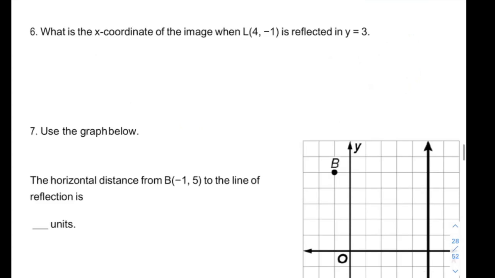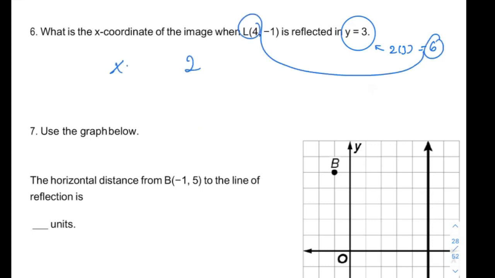What is the x-coordinate of the image when (4, -1) is reflected in y equals 3? Y equals 3, so 2 times 3 is 6. So 6 minus 4, which is 2. No, sorry.